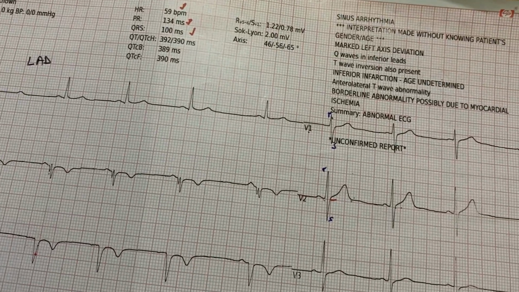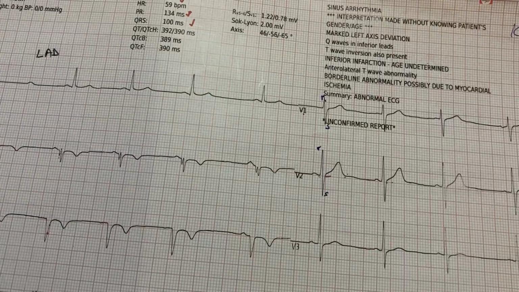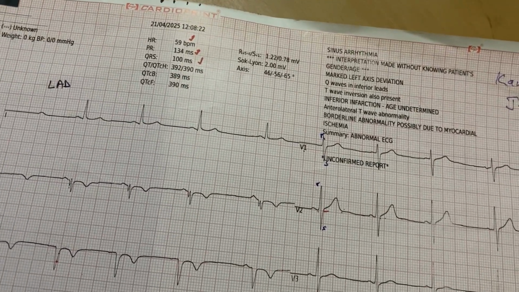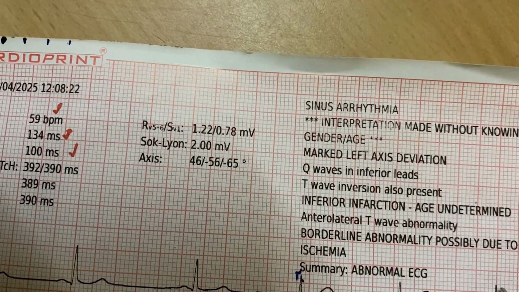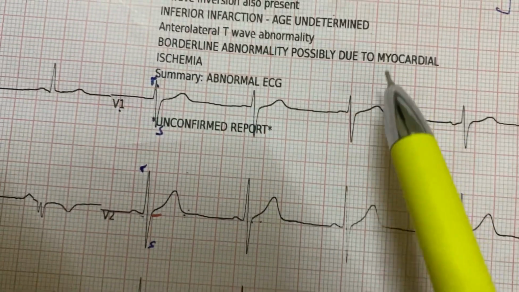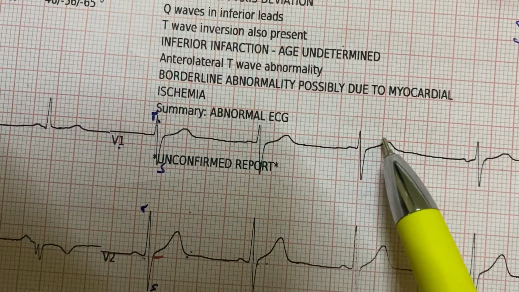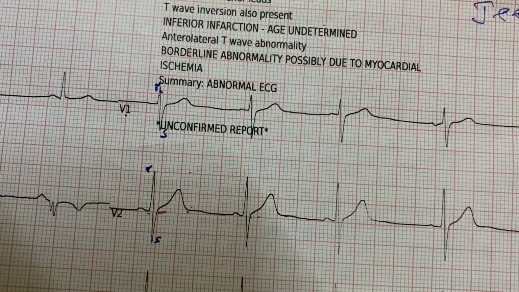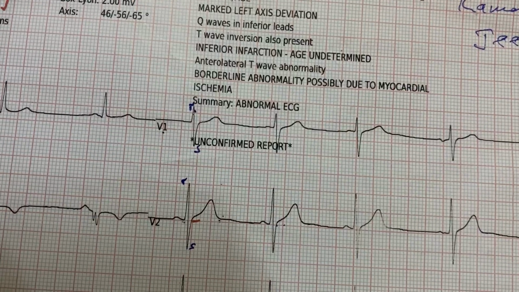What happens if the right ventricle is hypertrophied, is thickened? We expect the voltage to change. If here it was making 2, 3, 4 small boxes, that is 4 millimeters. If it hypertrophies, instead of making 4, it can make 10.